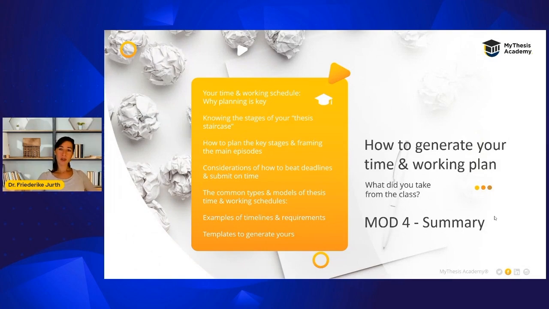So, before we close this fourth module and move on to the fifth, which will be about the theoretical foundation, your literature review, and also the theory frame, I would like to sum up what you took from this class.